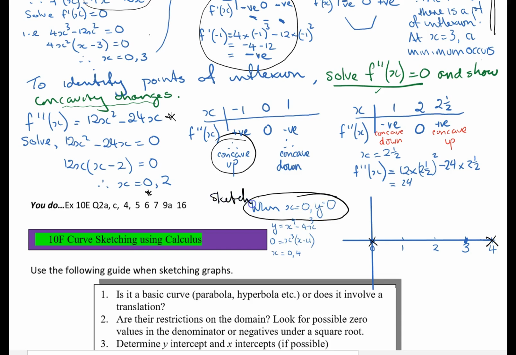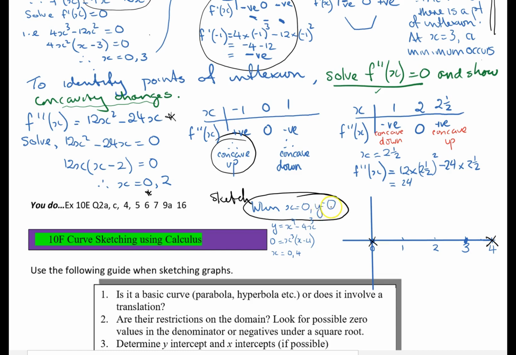Now moving on to the sketch. I suppose we should have concluded back here that x is equal to 0 and x is equal to 2 are points of inflection. At x is equal to 0, it's a horizontal point of inflection, and at x is equal to 2, it's just a straight point of inflection. So when we come to sketching, I always want to know when x is 0, what's going on, and when x is 0, y will be 0.